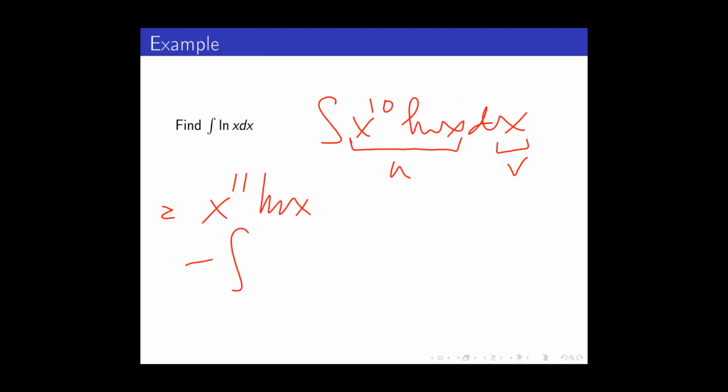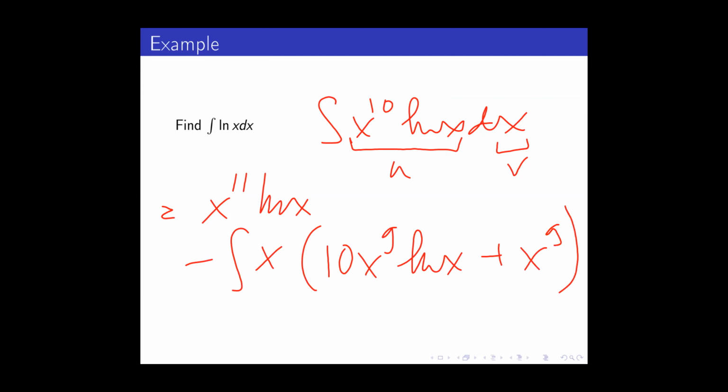So v du is going to be x times the derivative of u, that is 10x to the power 9 log x, plus x to the power 9, because the derivative of log x is 1 over x, so this is dx.